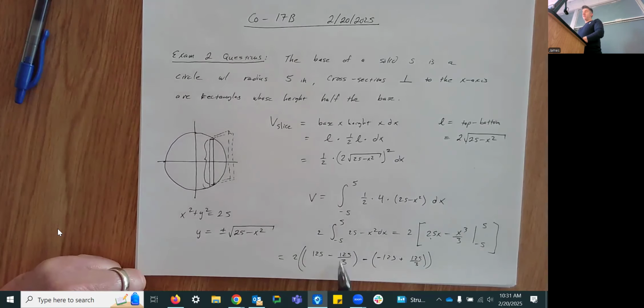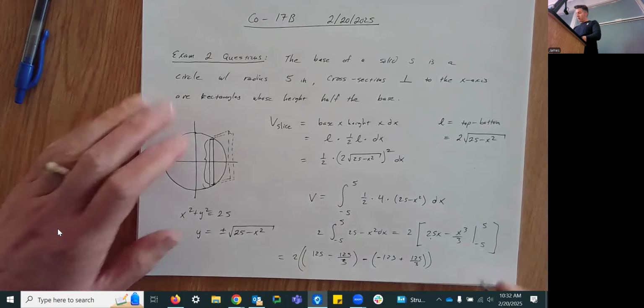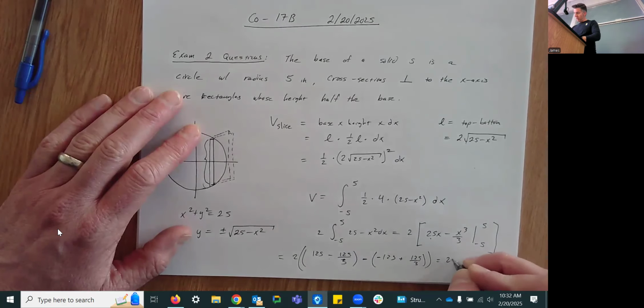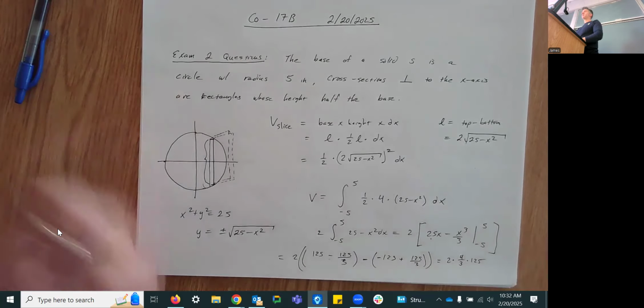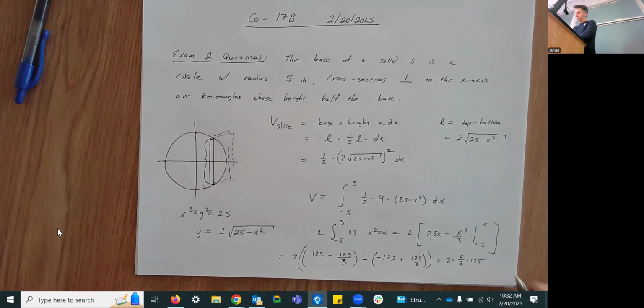I always say this to myself, when you have something minus a third of itself, you're left with 2/3 of that thing. So I have 2/3 of 125 plus another 2/3 of 125, because these aren't going to cancel out, they're going to add together. So I have 2 times 4/3 times 125, which is 1,000 over 3.